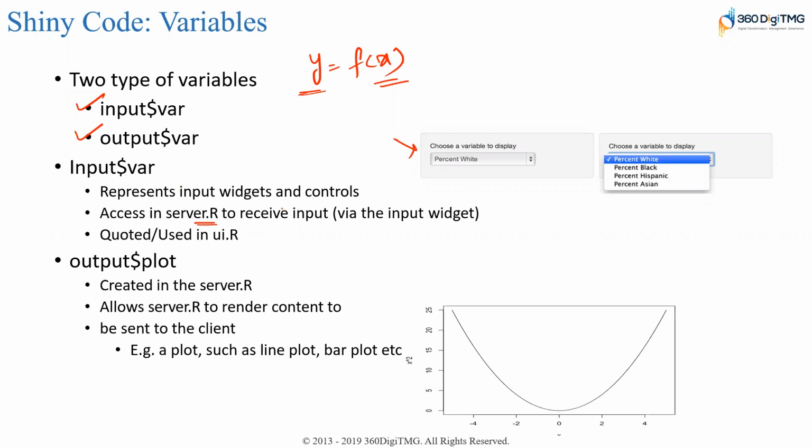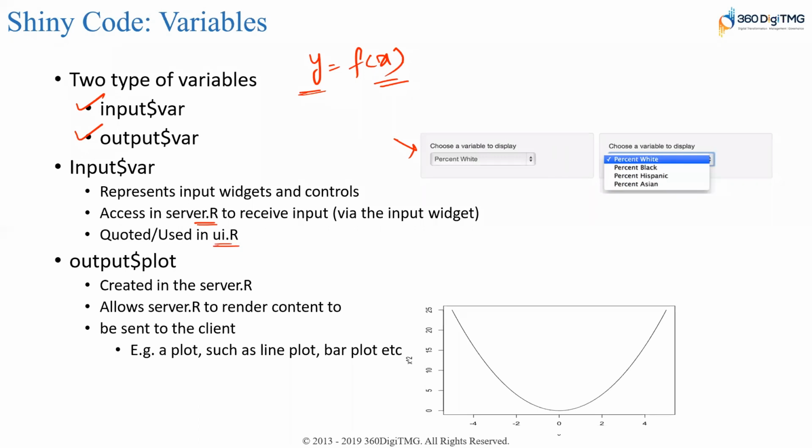When a user is choosing an option from the front end, that data is passed as an input in the server.R code, and based on that input we get the executions done. But the interpretation of that input data is mapped into UI.R.